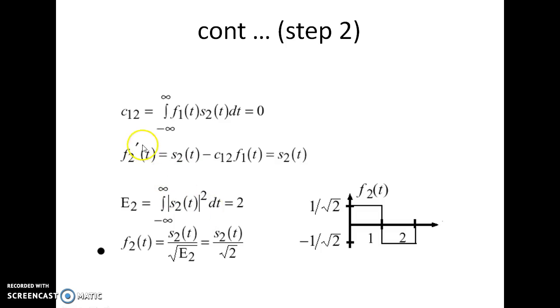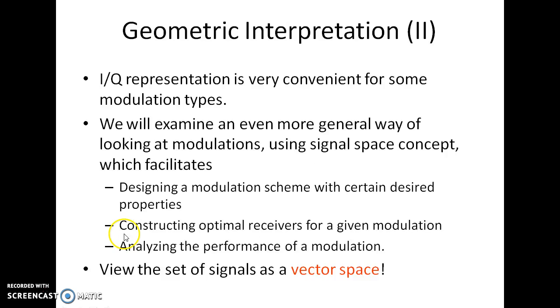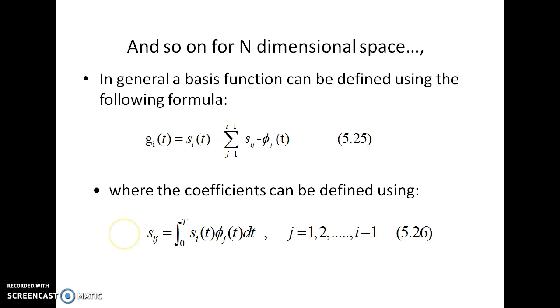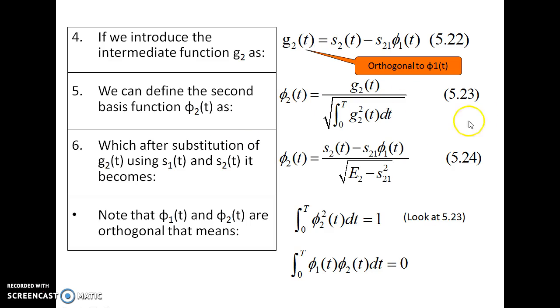Now I have to find the second basis function phi 2(t), or g2(t). For the second basis function, the step is phi 2(t) equals g2(t) divided by the norm of g2(t). So find g2(t) first from the second signal.